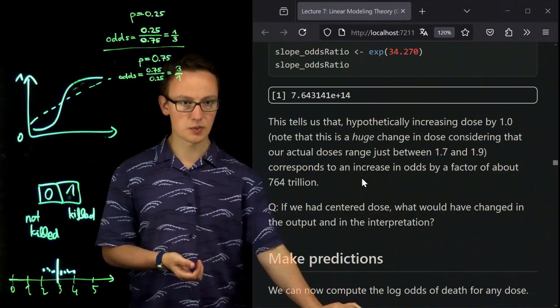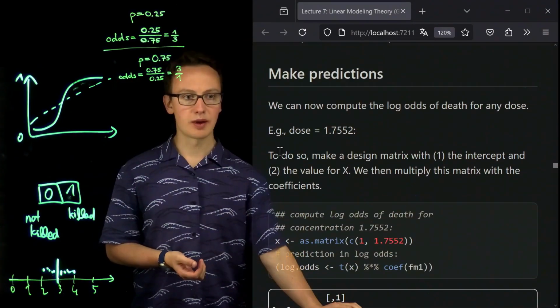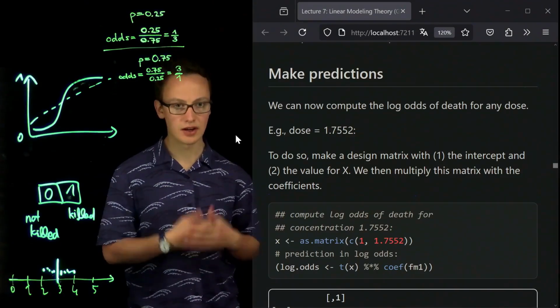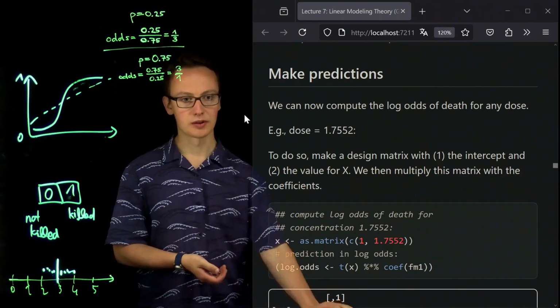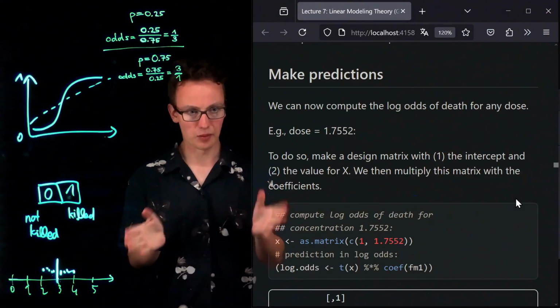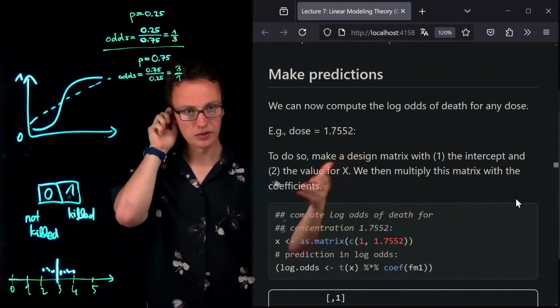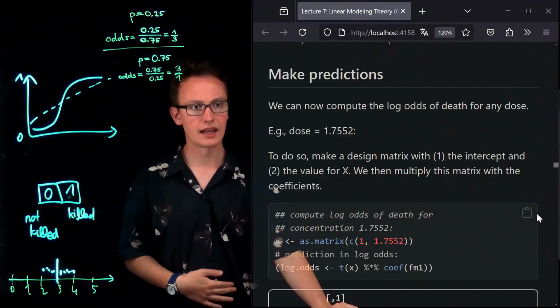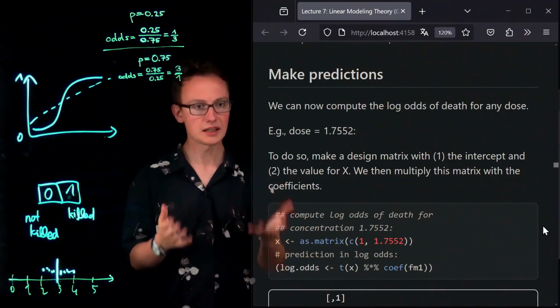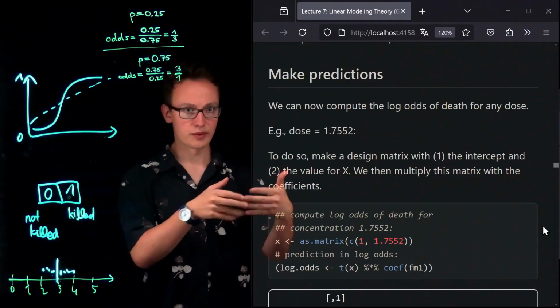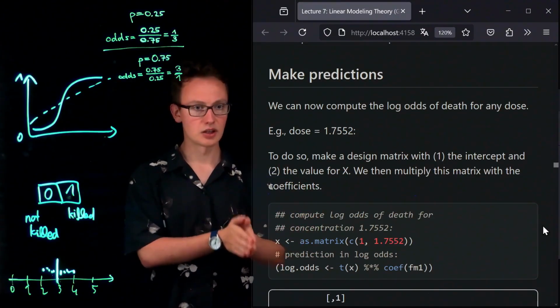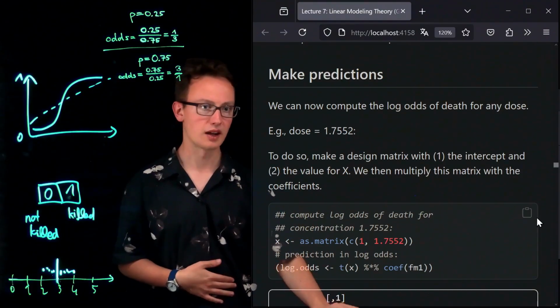Now, with that knowledge, we might start to think about how we can generate predictions from an already fitted logistic regression model. So we now have our model, which we have fitted to the data. And now let's say we want to predict the probability of a beetle dying if I give it a dose of, let's say, 1.7552.